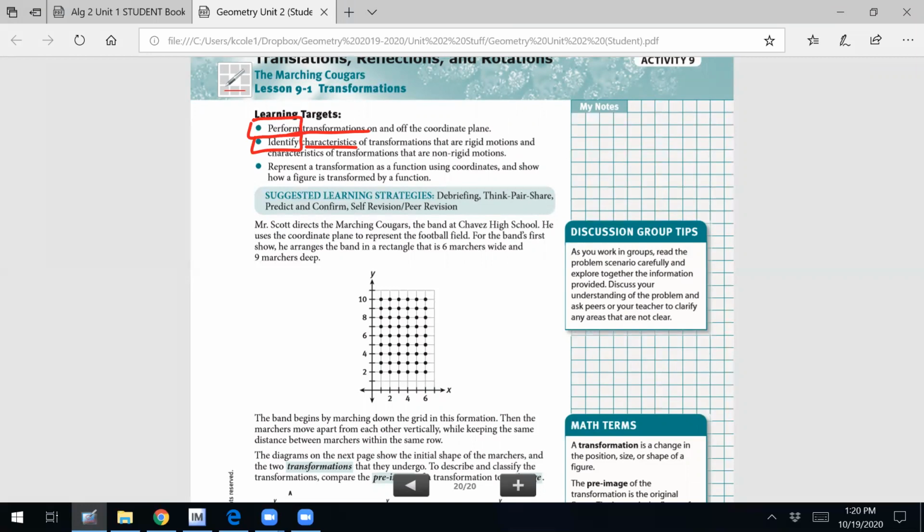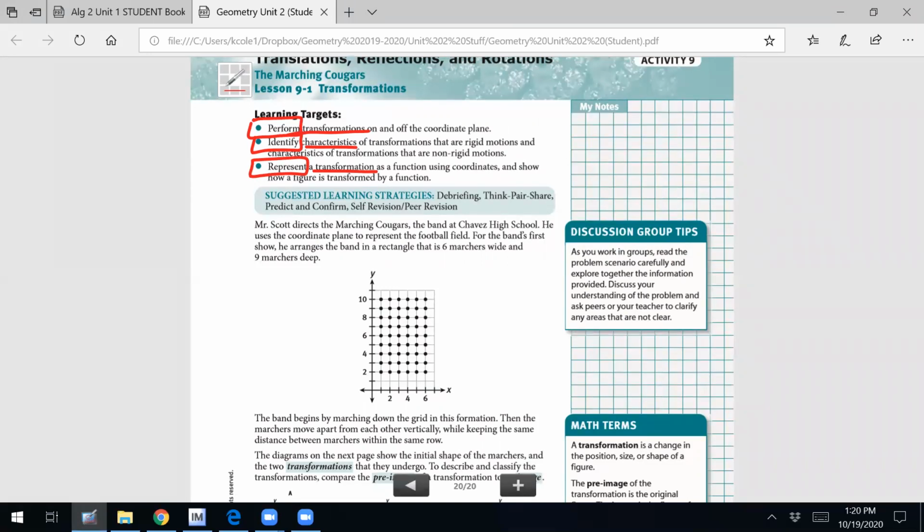Now, you may not know what those words mean, but I will give you that information in this lesson. Then it also says represent a transformation as a function using coordinates and show how the function is transformed by a function.